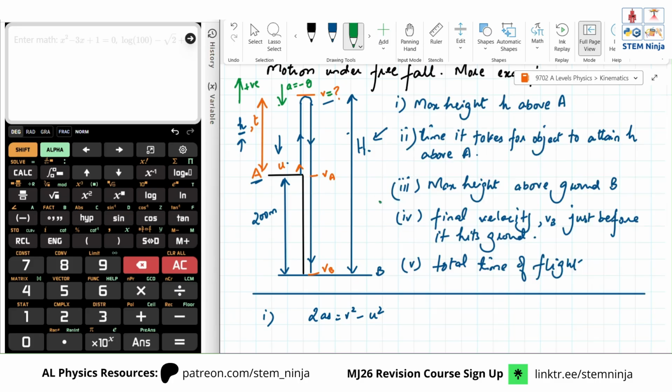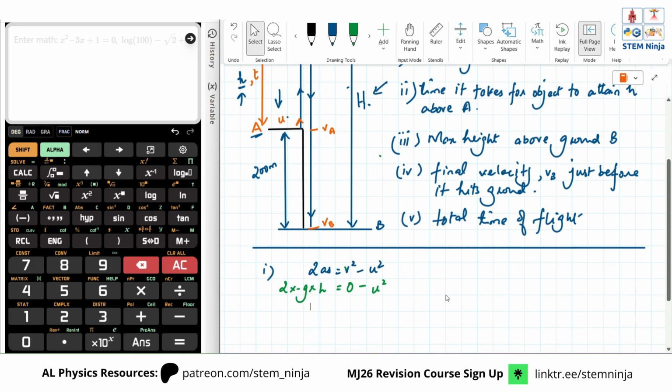So going back, we're going to apply 0 over here, u squared remains as it is. To deal with the minus sign over here, we designated acceleration to be minus g, and h is the small height. So let's simplify this further.